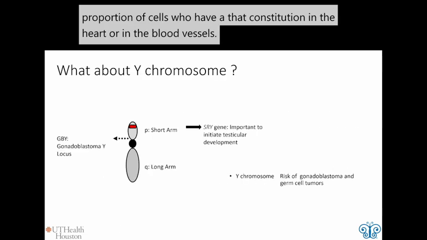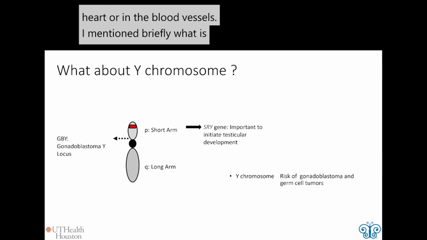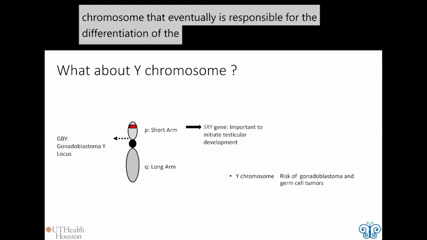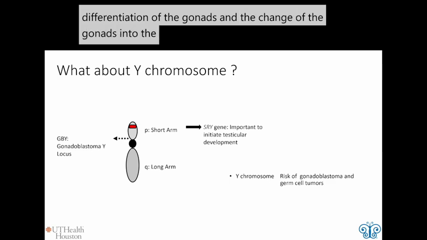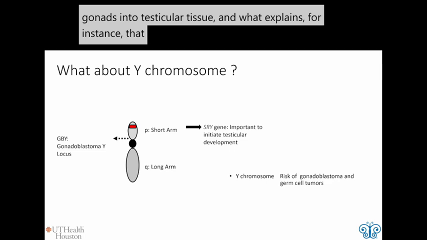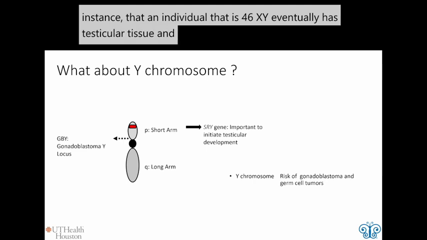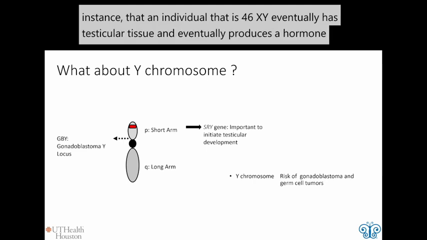I mentioned briefly the aspect of the Y chromosome that is eventually responsible for the differentiation of the gonads and the change of the gonads into testicular tissue, and what explains, for instance, that an individual that is 46,XY eventually has testicular tissue and produces a hormone that gets rid of the uterus.